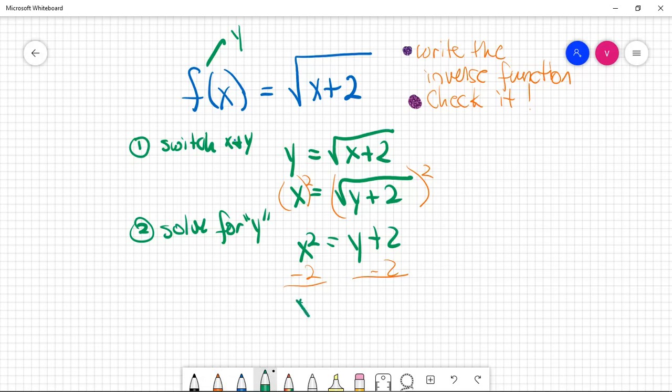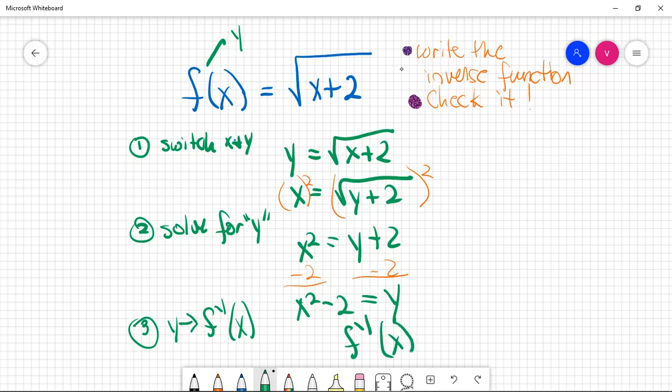So you're going to get x squared minus 2 equals y. Now the last step is it's not really y, it's actually f inverse. It's the inverse function, because y is up here in the original. So this is actually f inverse of x equals x squared minus 2.